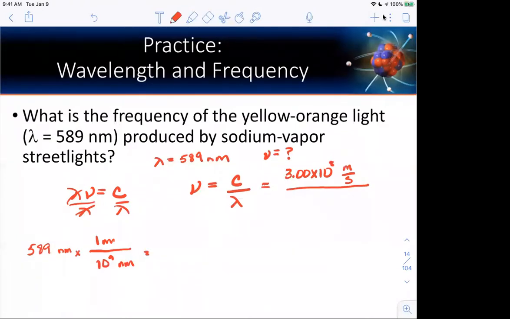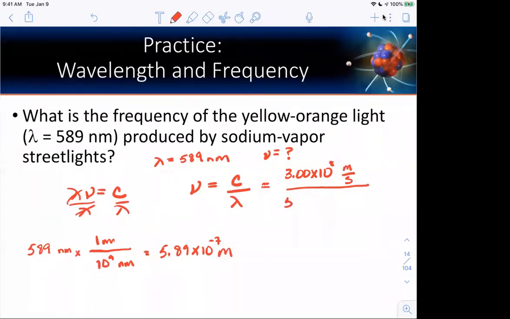And if I do that on my calculator, I get 5.89 times 10 to the minus 7 meters. So this is the value that I'm going to use for lambda.